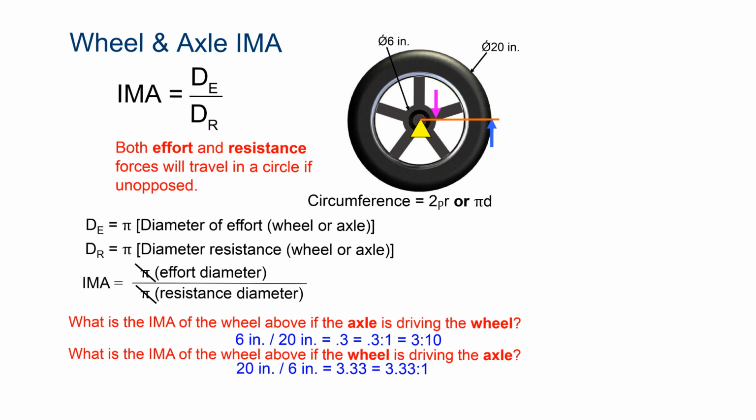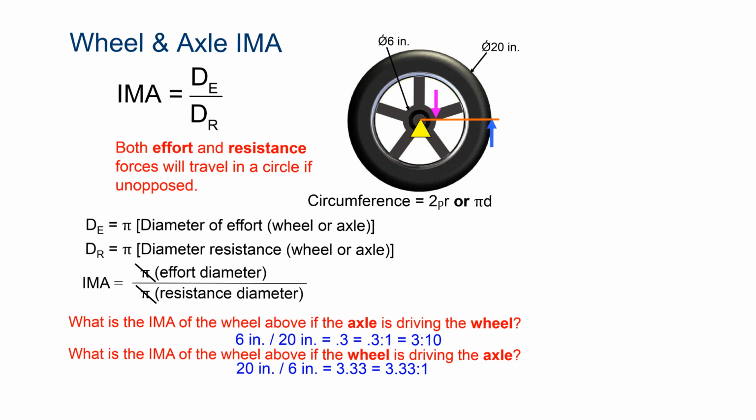So we want to find the circumference of both of them, so we can do pi d or 2 pi r. I guess those are the diameter they gave us. Doesn't really matter. You can either do the diameter of the wheel and axle, or the radius of the wheel and axle. It's going to work out the same way, because the 2 pi or the pi's are going to cancel.